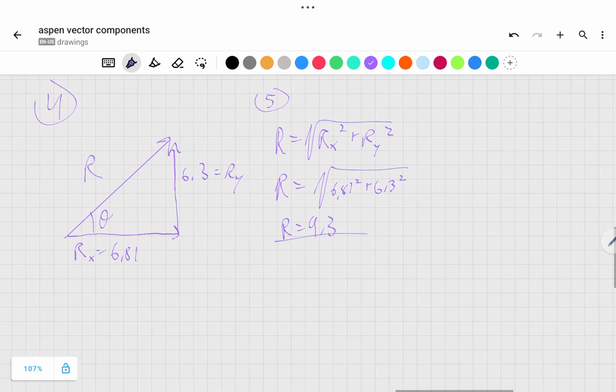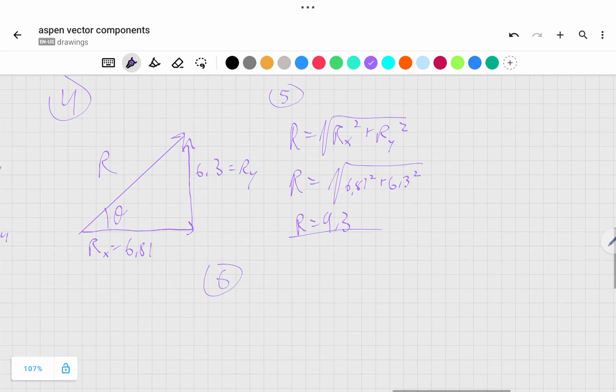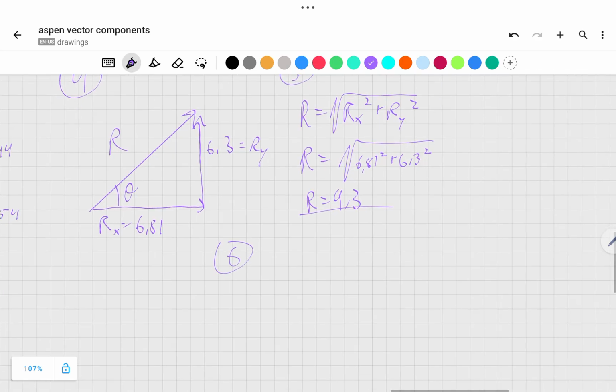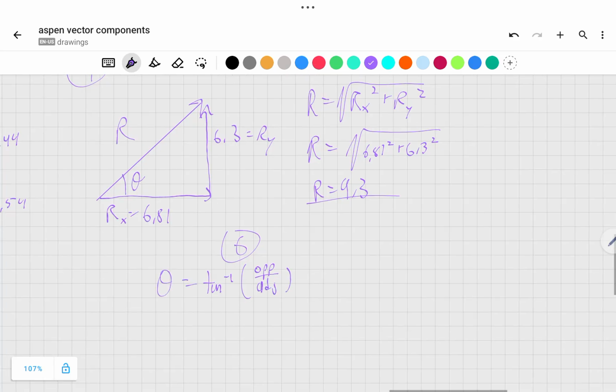And now I'm on to step 6, which is use tan inverse. So tan inverse of opposite over adjacent is what the resultant angle is. So I can just plug in my numbers here. So tan inverse of the opposite side, which is this one, opposite over adjacent. So that's 6.3 divided by 6.81.